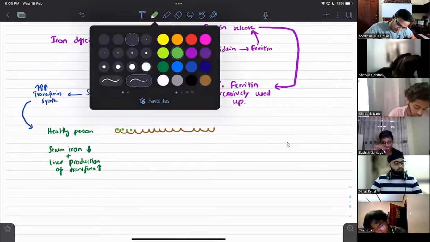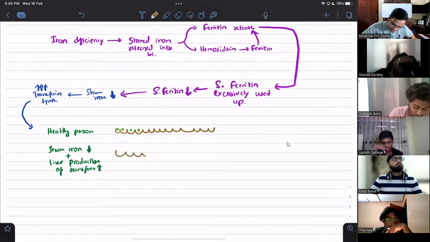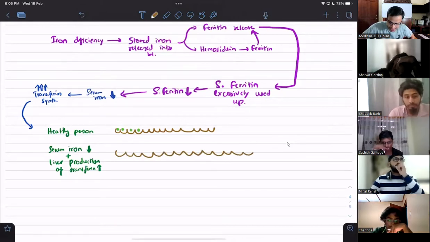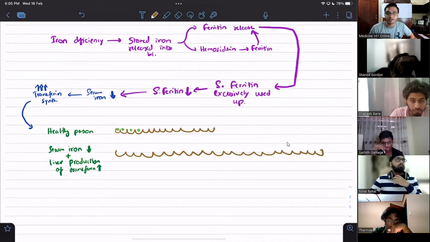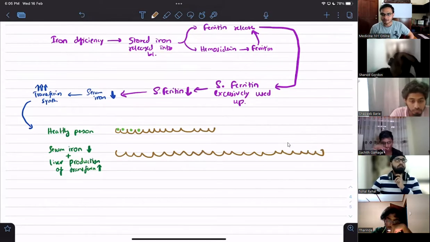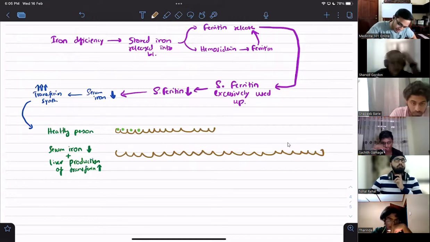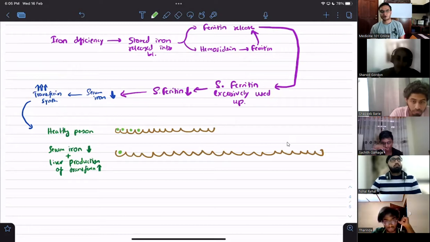Previously we had, let's say, 4 molecules of iron. Now transferrin increased to a great extent. But do we have enough iron to come and bind here? Serum iron is low, right? We have only maybe 1 bar. Do you see what is happening?